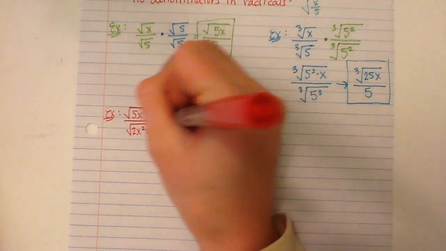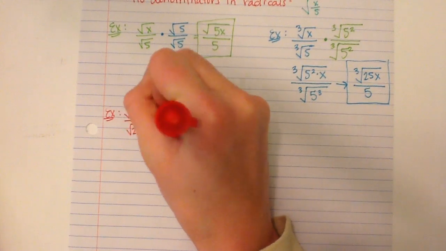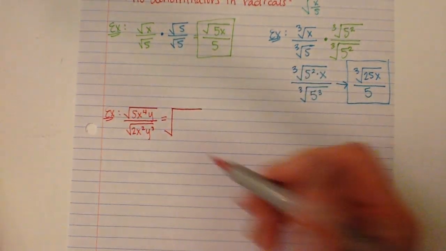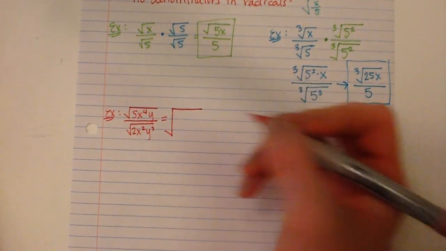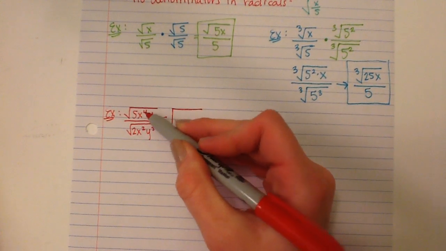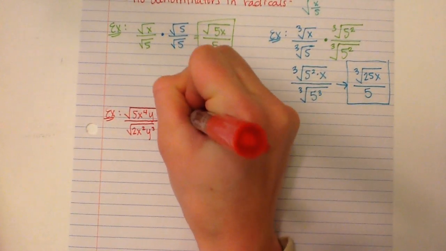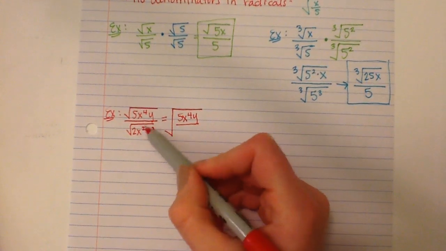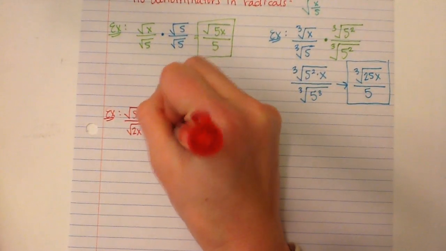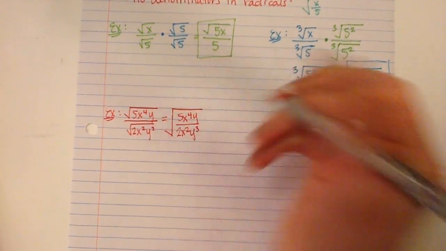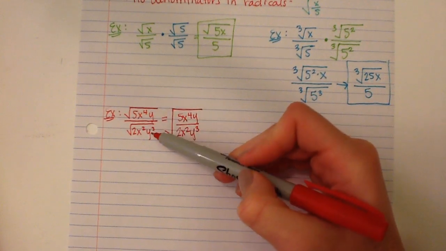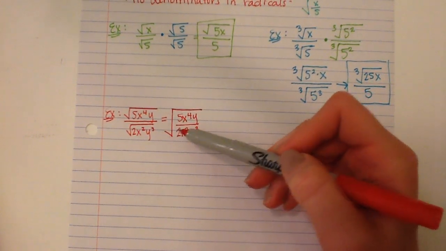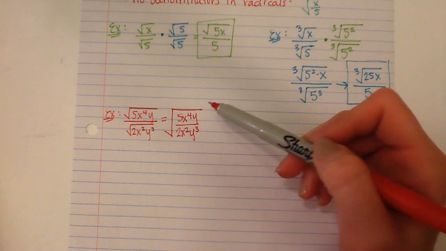That's the same thing as taking both of those divided by each other inside the same radical sign. So we can take the numerator, which is 5x to the 4th y, divided by 2x squared y to the 3rd. So instead of having a radical divided by a radical, we took the whole thing divided by each other underneath that same radical sign.